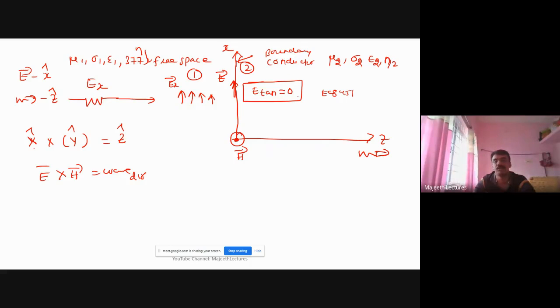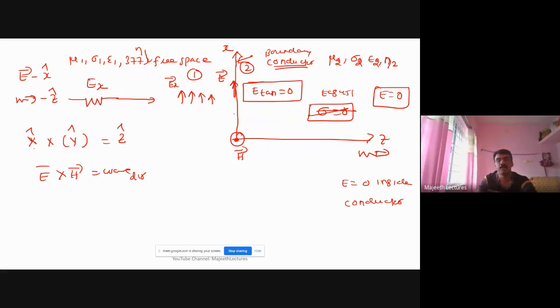Moreover, inside a conductor the electric field is 0. Since it is a conductor, the electric field is 0, so all the wave gets reflected in the x direction. This is the forward wave, this is the reflected wave.